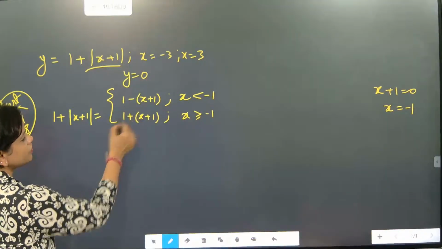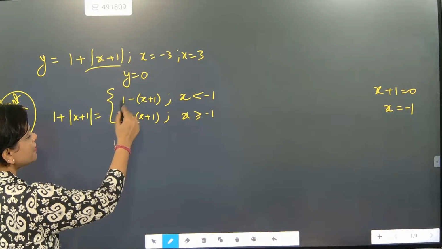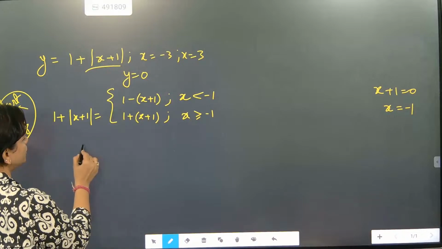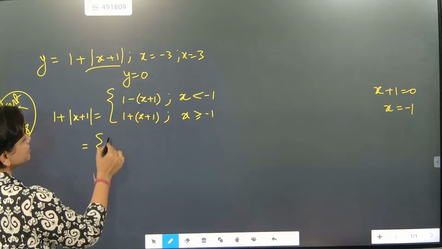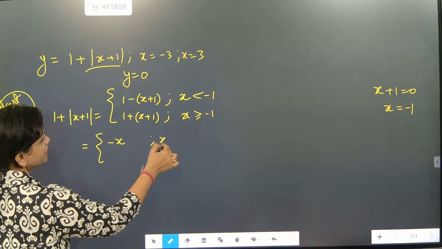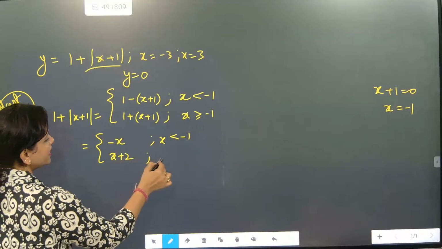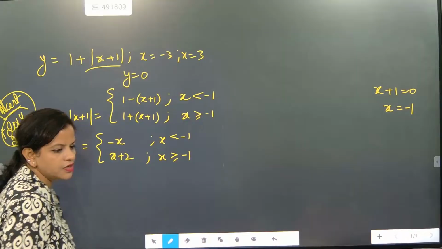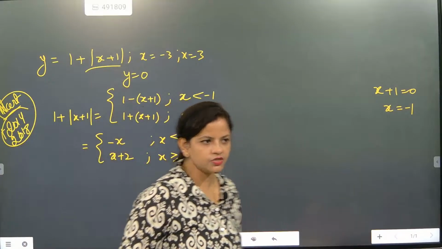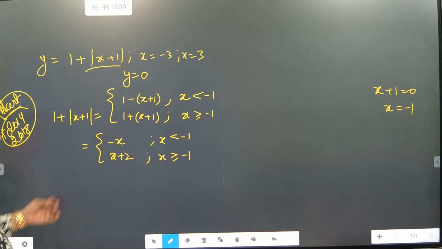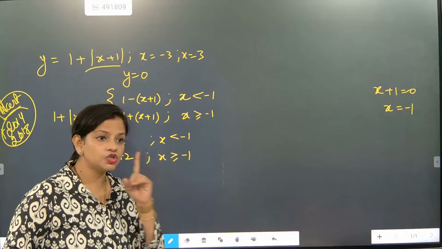Once you solve this, overall this part will come as minus x when x is less than minus 1, and this is x plus 2 when x is greater than or equal to minus 1. Now the area of bounded regions. We have to bound the region because we got two lines here. It is not one line.